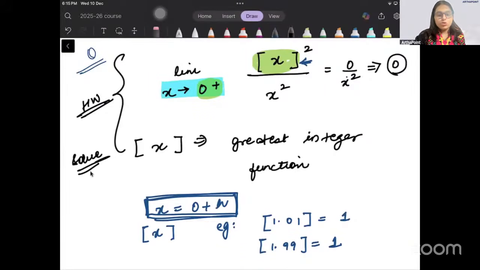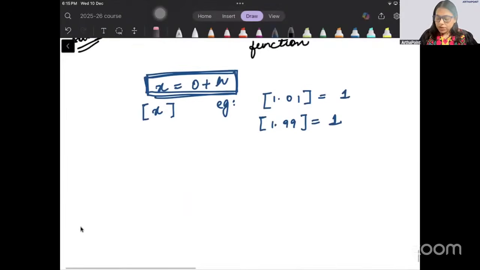If it would have been 0 minus, then you are approaching 0, but taking any value less than 0. So anyone who would like to try that, what will happen if it is 0 minus?